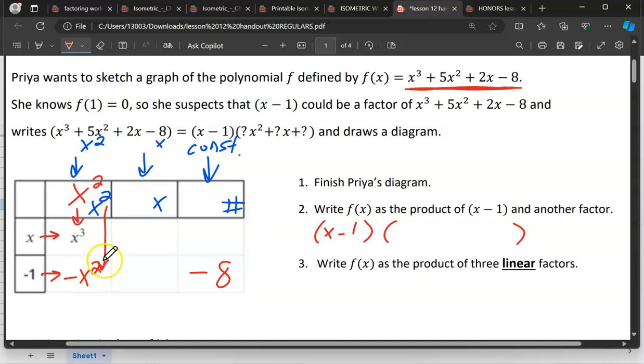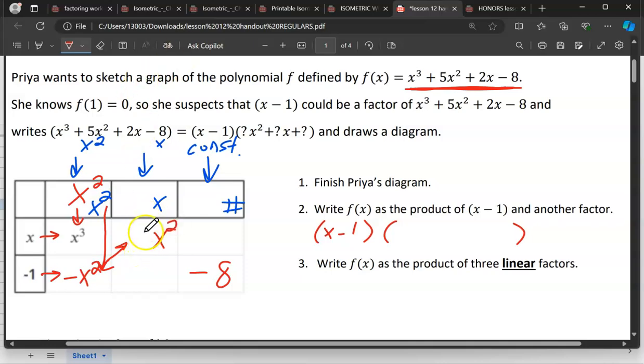Now, what I'm going to do next is I'm going to shoot for answering this middle box. This middle box, look what's going to happen. I know that the column has an x in it, and here I know that my row is just x. Eventually, this middle box is going to have an x squared number.